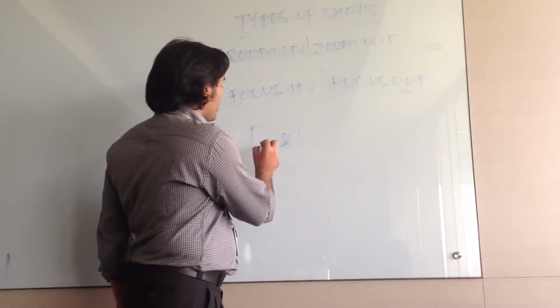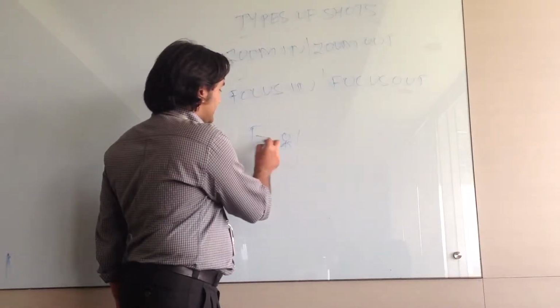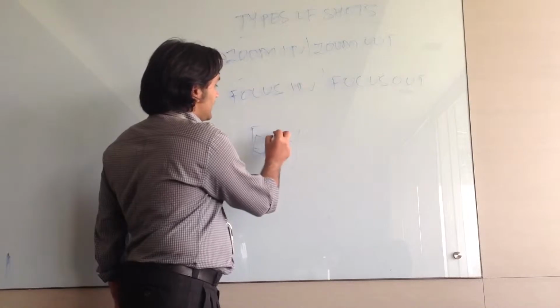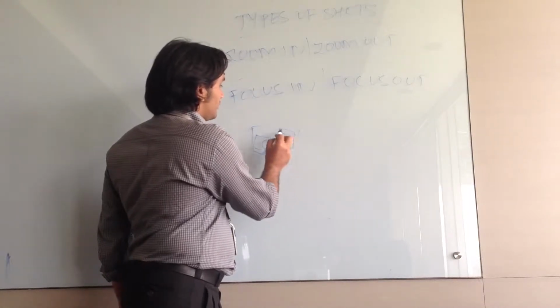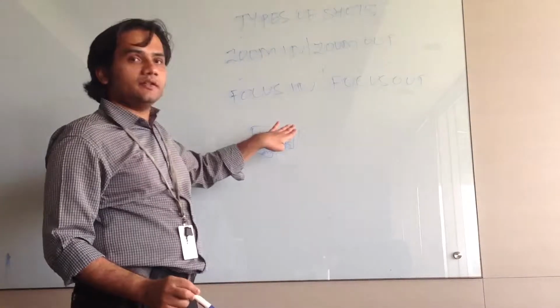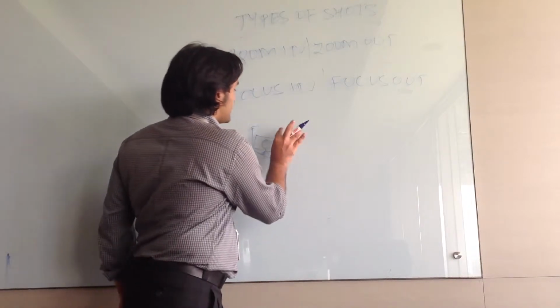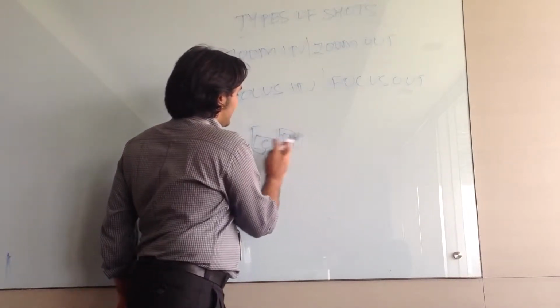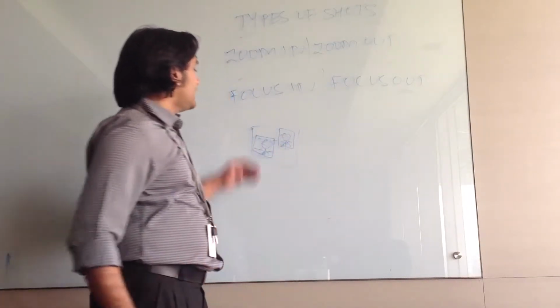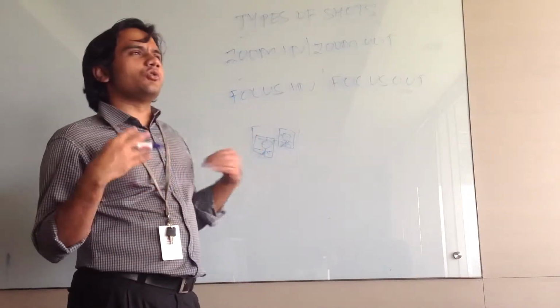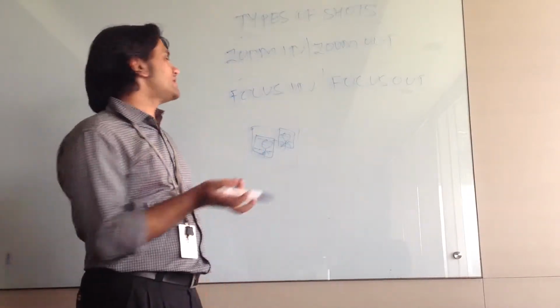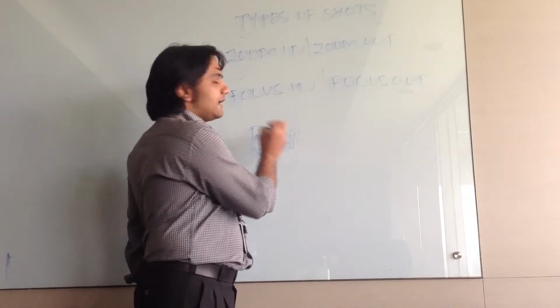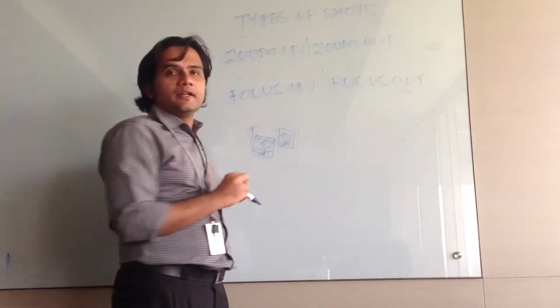So suppose if you want to see this person in focus, this guy is blurred, and vice versa, if you want to see this guy in focus, this guy will be blurred. Typically it's used in situations where this guy is doing something and this guy is spying on him.